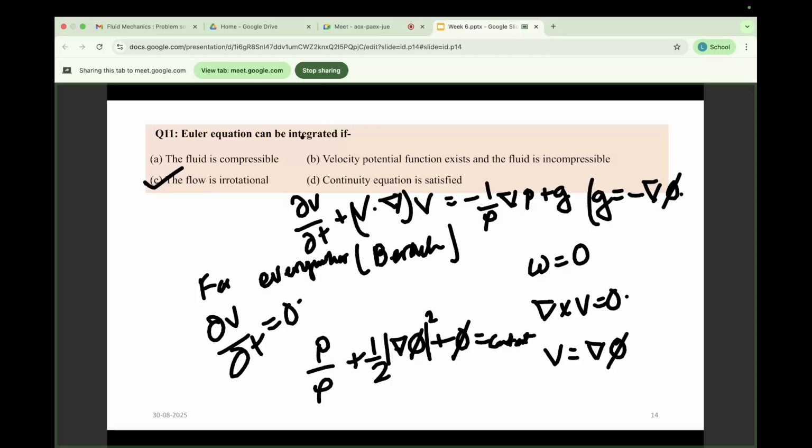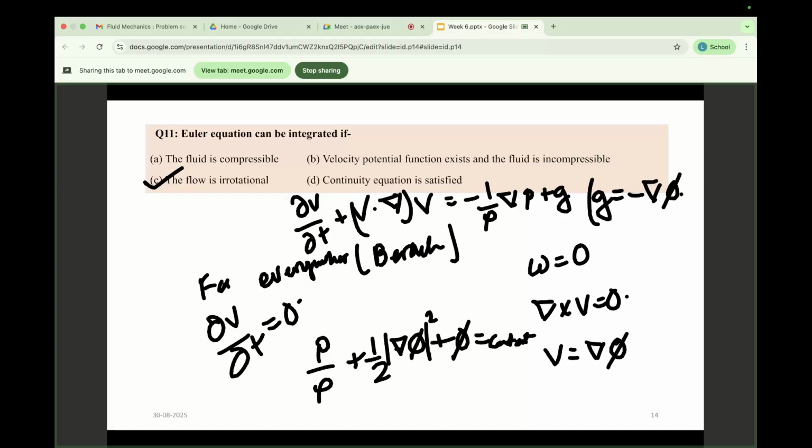Another thing about this equation: for this integration, what exactly do we need? From the Euler equation, first the flow should be inviscid, it should be steady, and a conservative body force is required. If all these come together, then this gives Bernoulli's equation along that streamline, right?